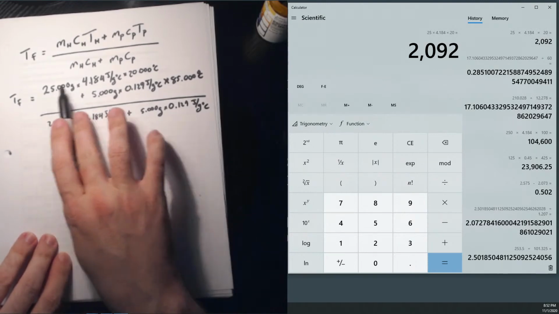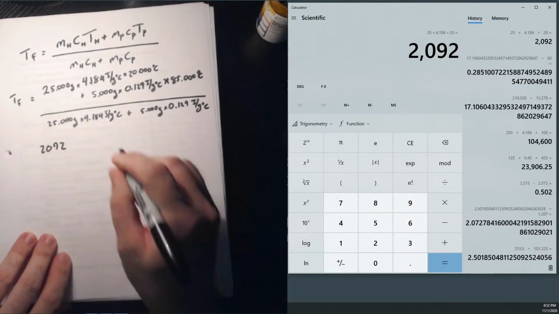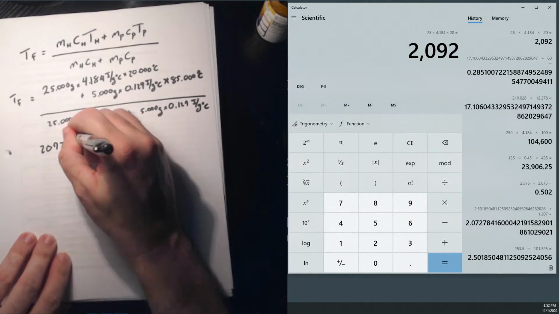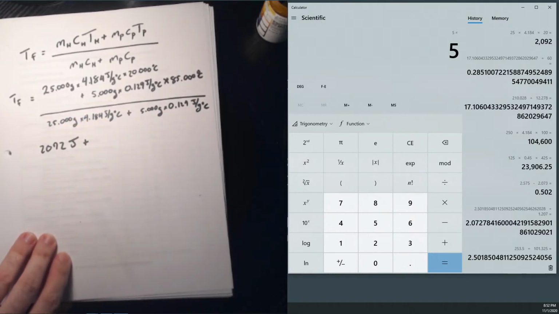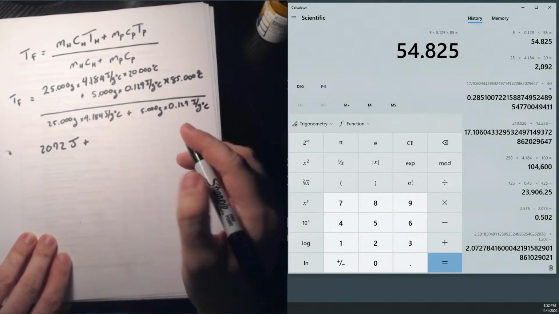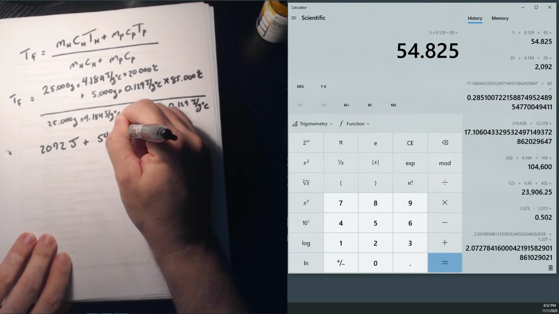And we should have 4 sig figs, so that works out just fine. So 2092. And what units do we have here? Grams cancels, degrees Celsius cancels, so it's joules. Plus 5 times 0.129 times 85 is 54.825. And we're going to have 3 sig figs, so 54.8 joules.